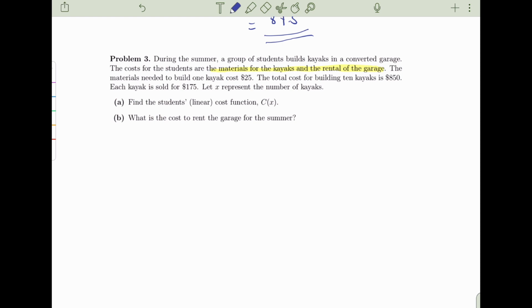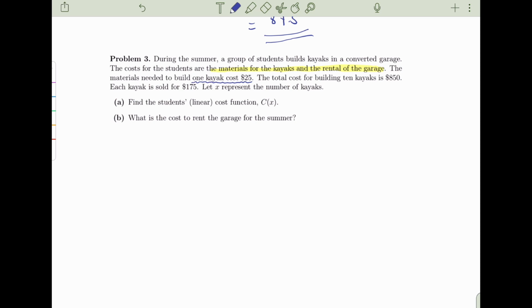Now the material needed to build 1 kayak is $25. So the more you build, you're gonna pay more. If you want to build 1 more, you're gonna pay $25 more. For example, if you want to build 10 more kayaks, you're gonna pay $25 times 10 more money to this group.